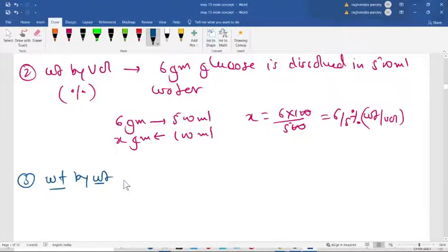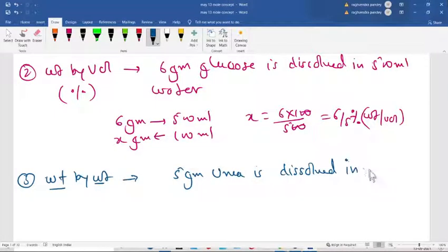So weight by weight. Now weight by weight is the same as volume by volume. Suppose I say 5 gram urea is dissolved in 100 ml water.